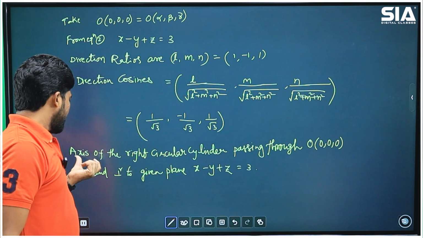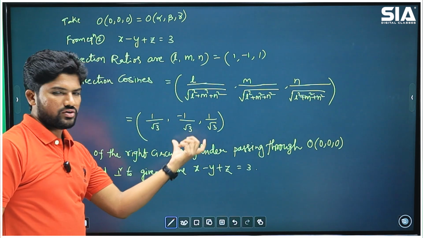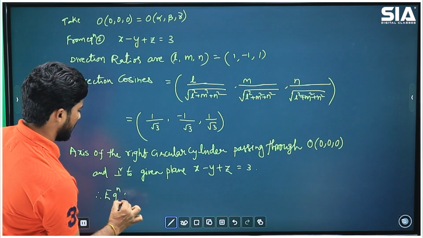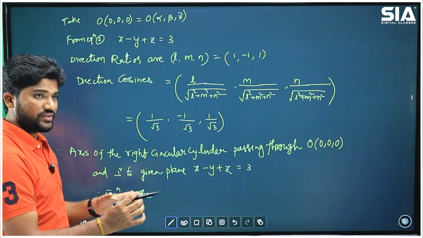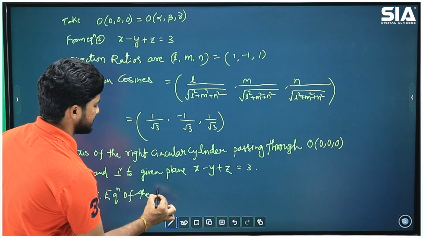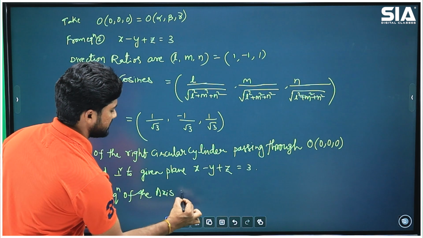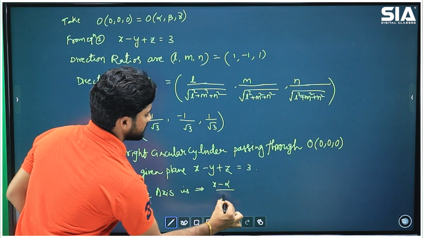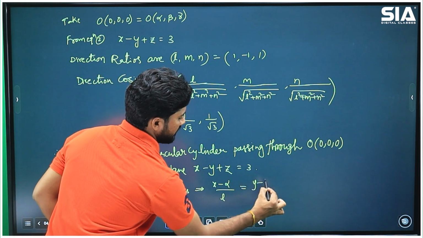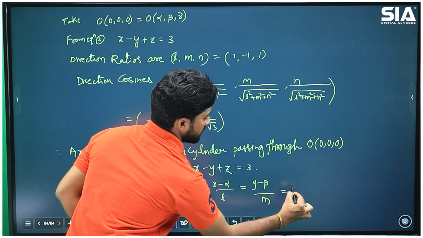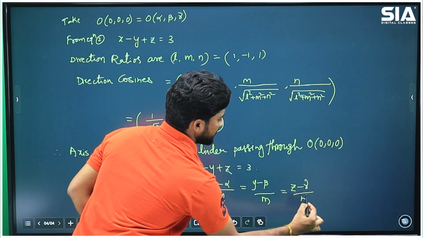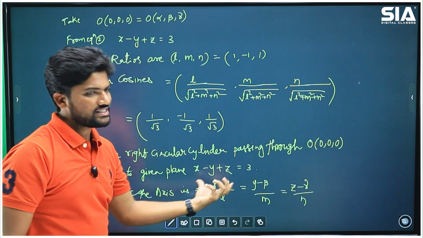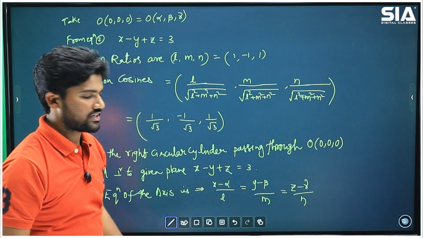The axis of the right circular cylinder is also a generator. So the equation of the generator, otherwise we can call it the equation of the axis, you know very well, is x minus alpha by small l is equal to y minus beta by small m is equal to z minus gamma by small n. This is the equation of the generator or the equation of the axis. Why? Because the axis is also one of the generators of the right circular cylinder.